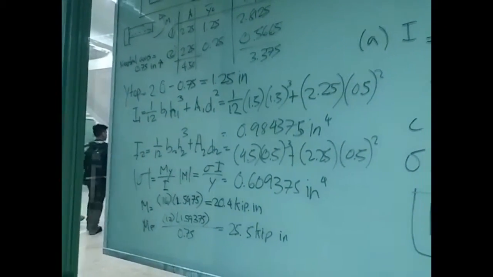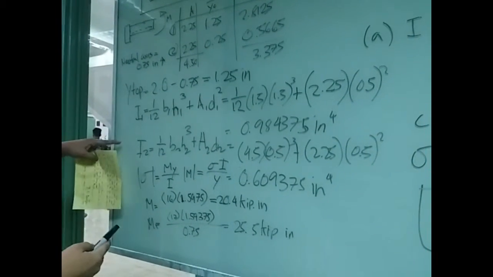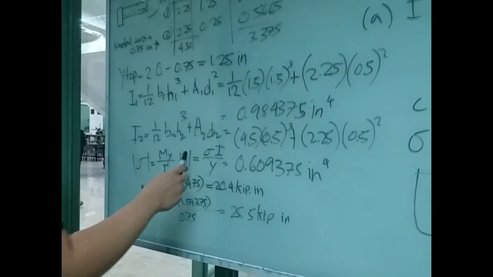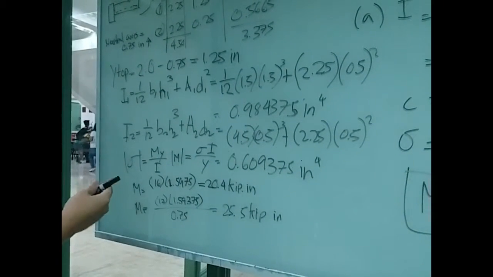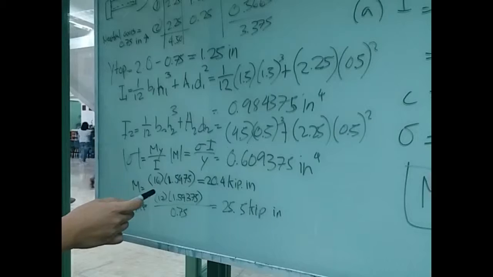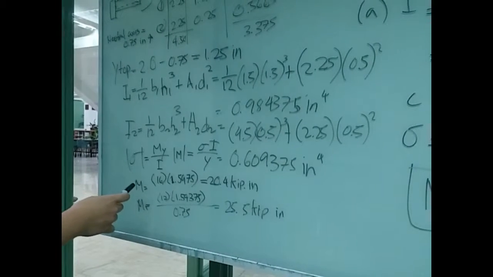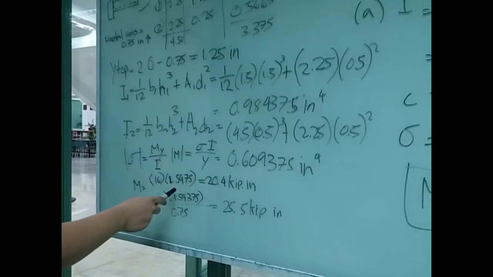So, like always, we will solve for the total of inertia. So the value we will gain is, here, 1.59.